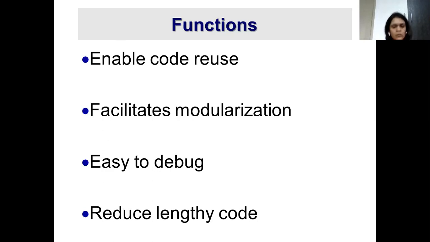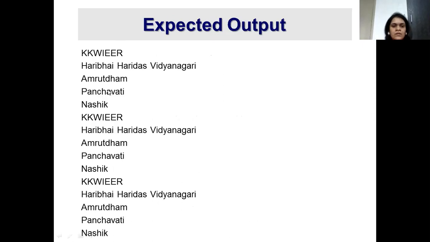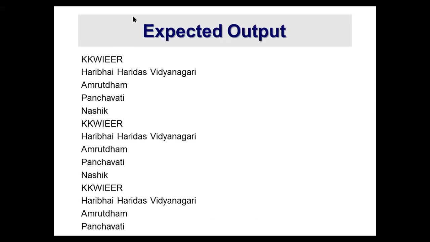So let us move ahead and understand how functions are used in Python. To understand this, let us see over here. This is the expected output of the program, where some address is displayed on the screen 5 times.